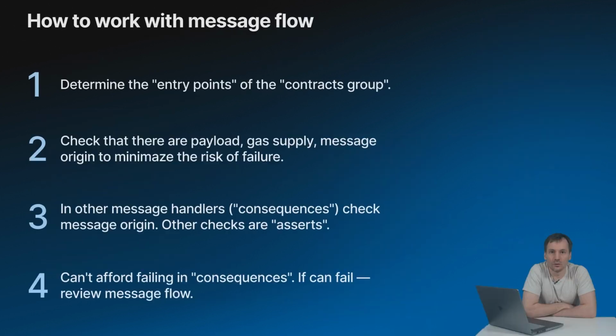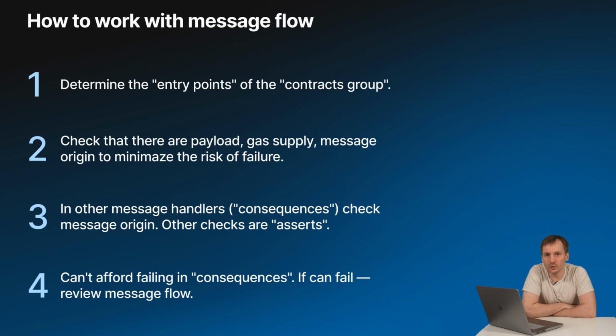Using the message flow, first define the entry point. This is the message that starts the cascade of messages, the consequences, in your group of contracts. It is here that everything needs to be checked: payload, gas supply, etc., in order to minimize the possibility of failure in subsequent stages.